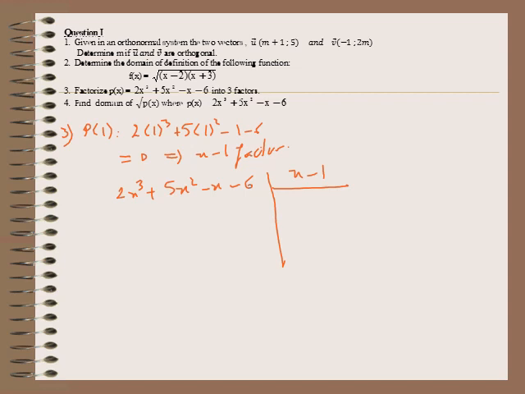We start with 2x squared, 2x cubed minus 2x squared. Subtract: 7x squared minus x minus 6.